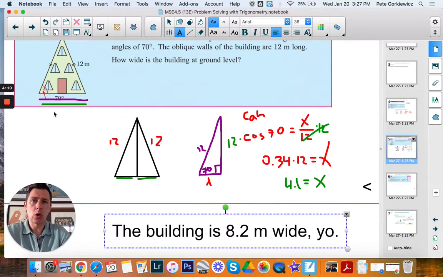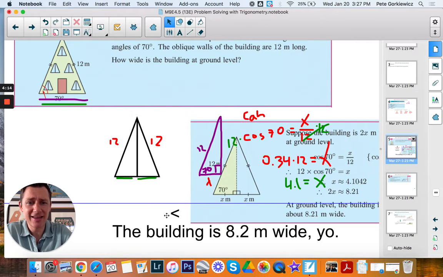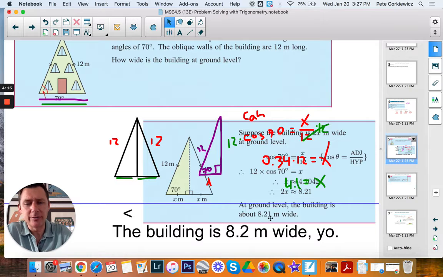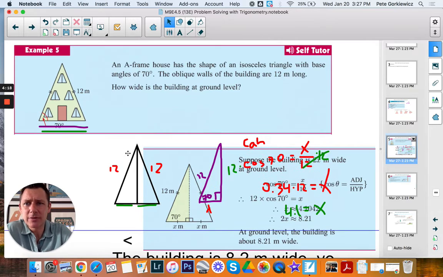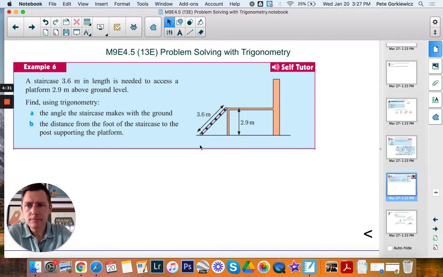Neat. Let's check it. How accurate do you need to be on rounding? Use some context. If you're talking about meters, 0.2 meters and 0.21 meters, 0.01 meters is a centimeter. So you could probably measure to that. So maybe 0.21. Okay. All right.